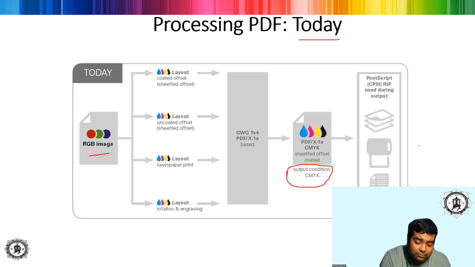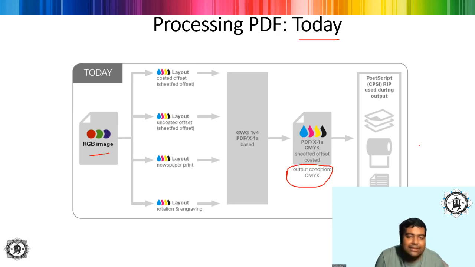Earlier, when CPSI was the de facto interpreter or normalizer for rendering the files, that renderer being PS driven, could not take PDF as its input. That is why they could only take PS as their input file.